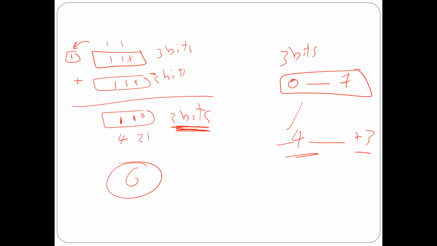No, it can't happen. Why? Because they are not helping each other. Here the number is going to get bigger. Overflow can only happen, and I'm talking here about signed numbers, if both of them are positive or both of them are negative, because the number is going to get bigger. But for example, if I have 10 minus 5, and I can store 10 in a certain number of bits, the number is going to get smaller, so it's still impossible to happen.